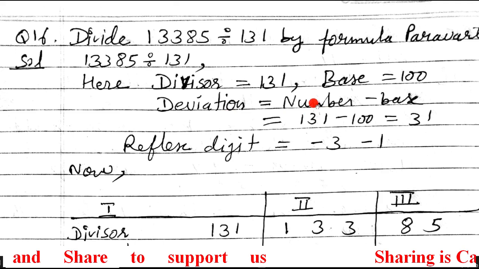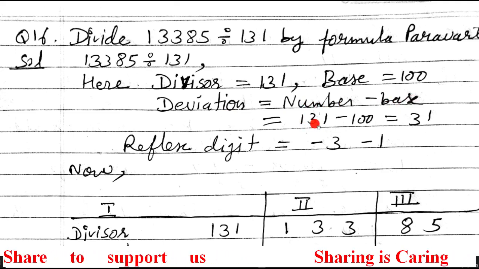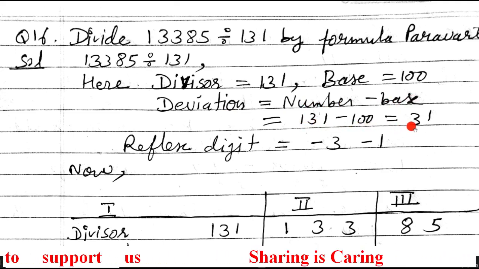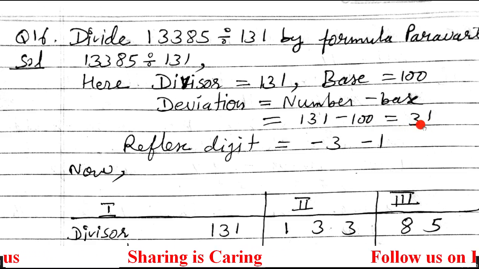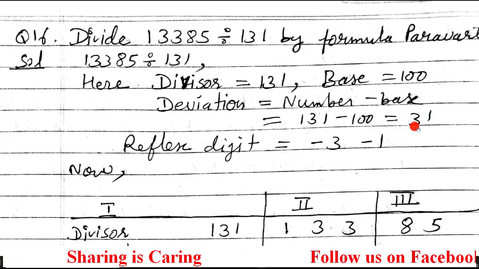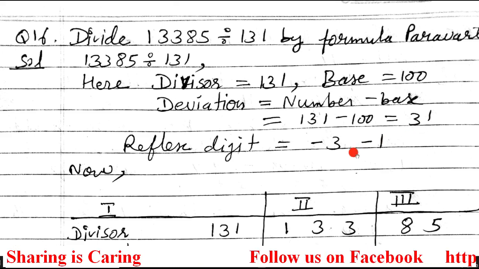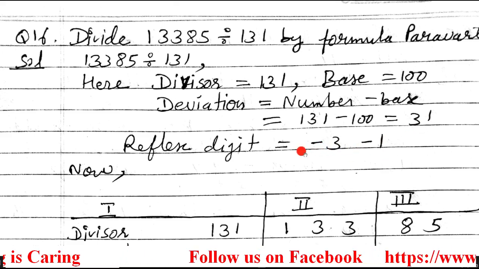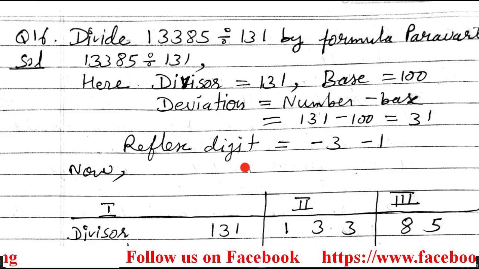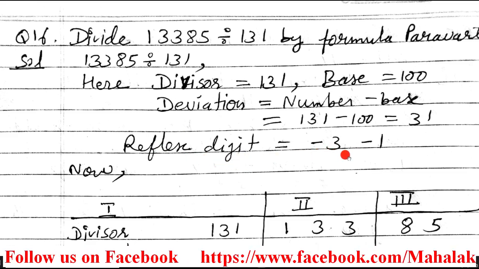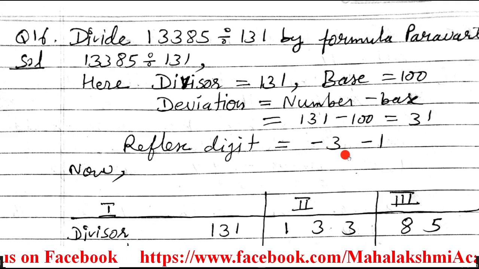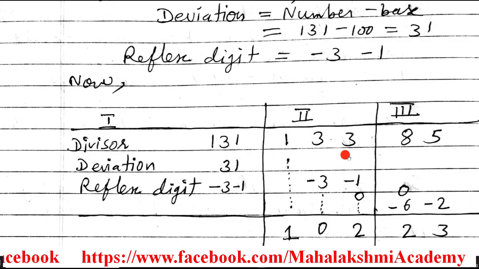The deviation formula is number minus base, that is 131 minus 100. So the answer is 31, and whatever 31 came, just take the opposite sign of these two digits. So you will get minus 3 and minus 1, that is the reflex digit. So we are going to complete the division process by the reflex digit. Here the table format is like this.